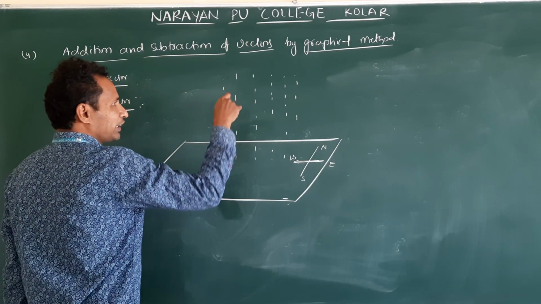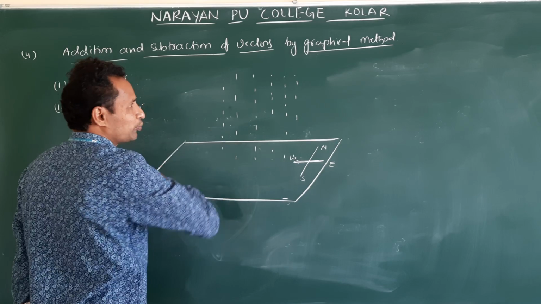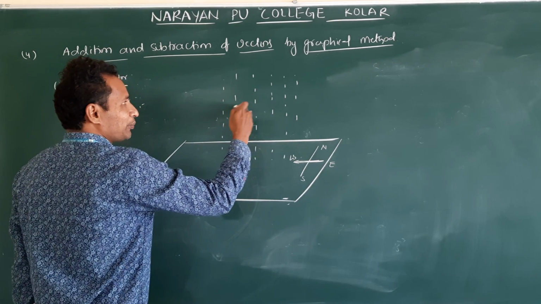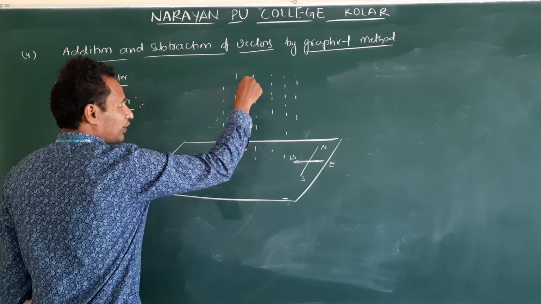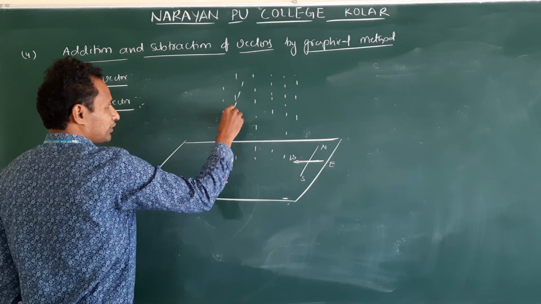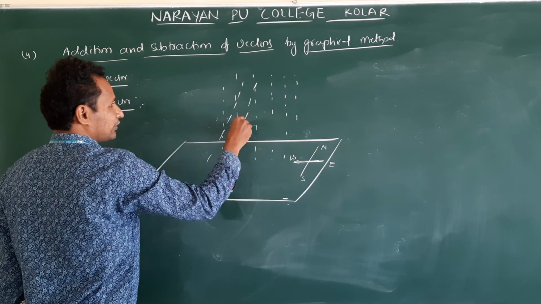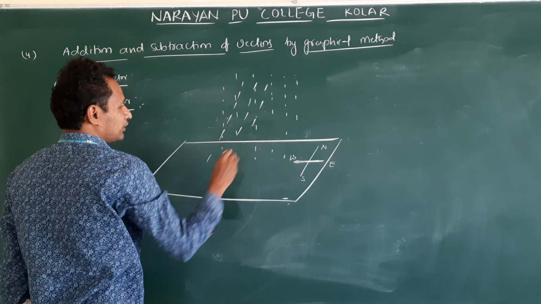Initially, before the wind blows, the rain falls vertically. Now the wind starts blowing. In what direction does the rainfall bend? In this direction. Instead of falling like this, it falls like this. Clear?